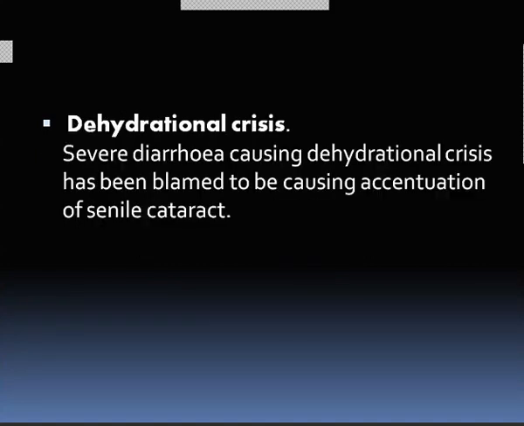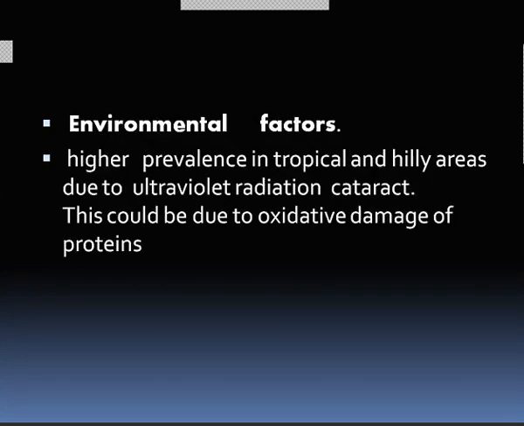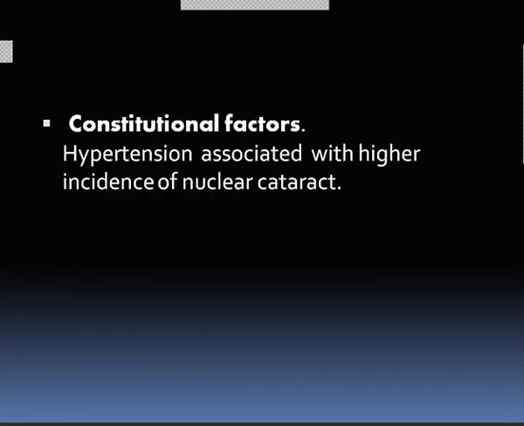Dehydrational crisis: severe diarrhea causing dehydrational crisis also leads to the accentuation of the senile cataract. And environmental factors: higher prevalence in the tropical and the hilly areas due to the ultraviolet radiation. Ultraviolet radiation leads to the cataract formation, and this could be due to the oxidative damage of the proteins.